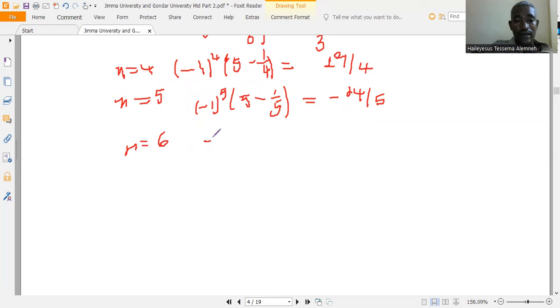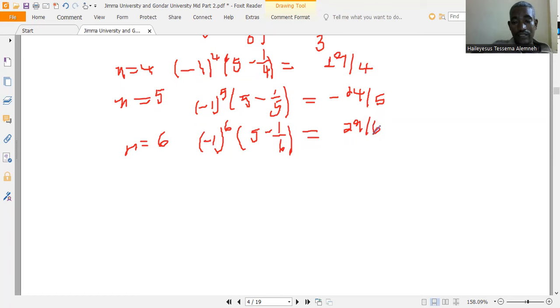When n is equal to 6, minus 1 the power of 6 times 5 minus 1 over 6. Taking 6 as the common denominator, 30 minus 1 is 29, so it is positive 29 over 6.